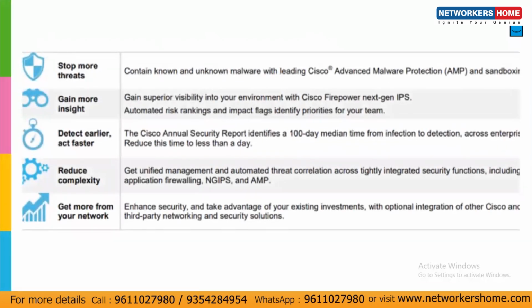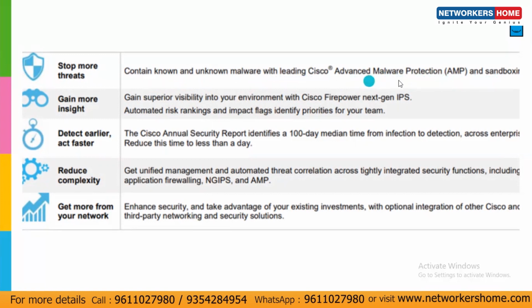So what does FTD actually do? These are the first 5 features of the FTD. First is stop more threats, which means it contains known and unknown malware with the leading Cisco advanced malware protection and sandboxing.